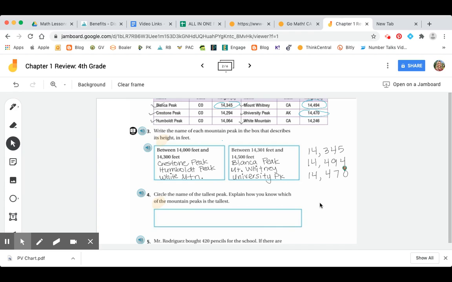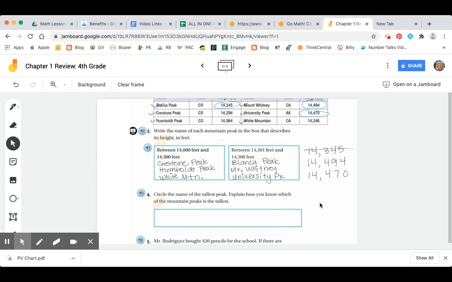Okay. I wrote each of the mountains' numbers on the side there, so I'm just going to compare. I automatically see that they all have 14,000. So that's the same. But I'm looking for the tallest one. So now I'm going to the hundreds column, and I see I have a 3, a 4, and a 4. Well, 3 is less than 4, so that one's out. Bye, Blanca Peak. You're not the tallest.